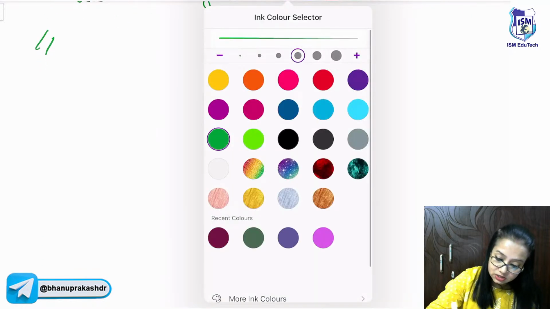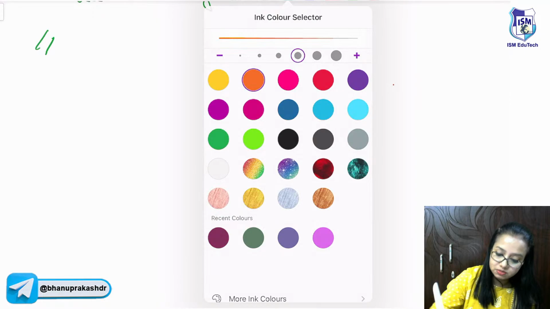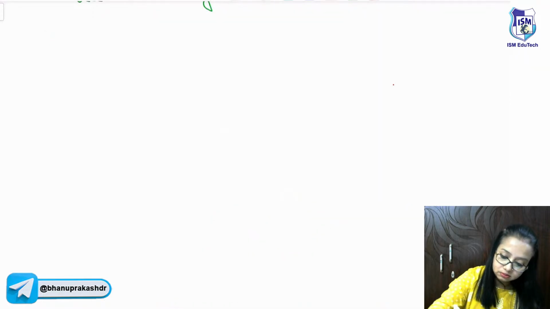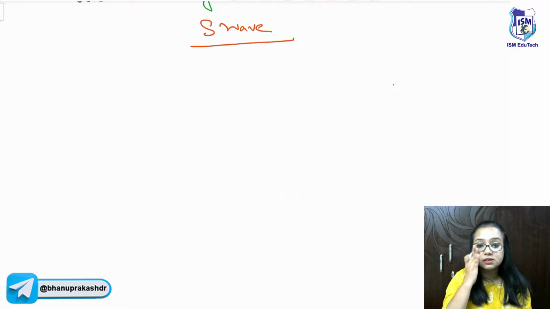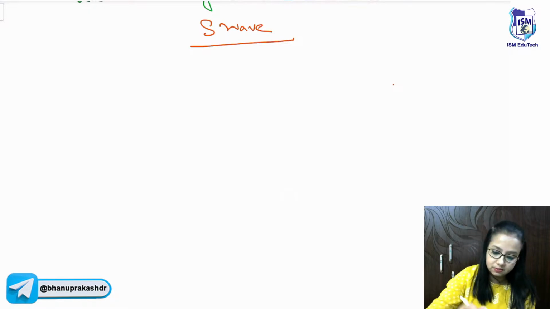Next, we will study the S wave and then we will use the diagram to understand. Next is the S wave. What is the S wave? It is the second negative deflection on the ECG.